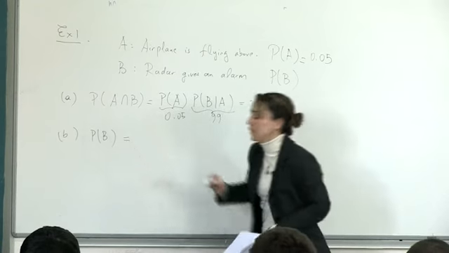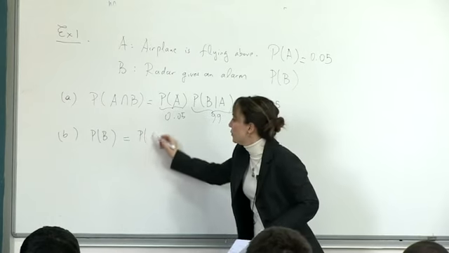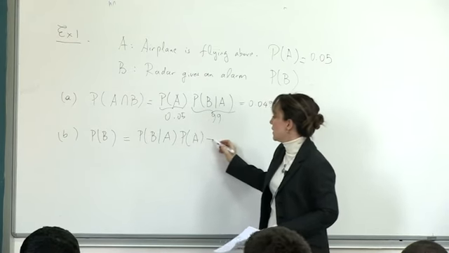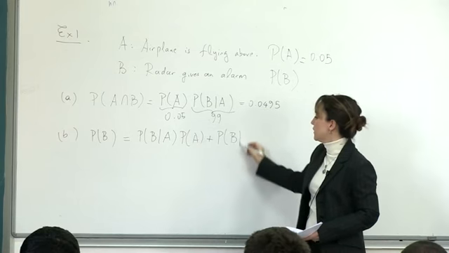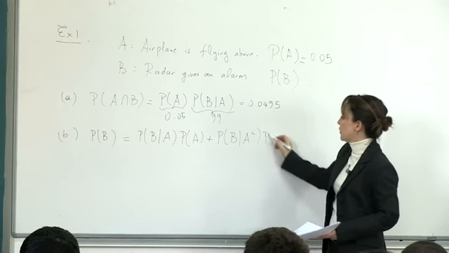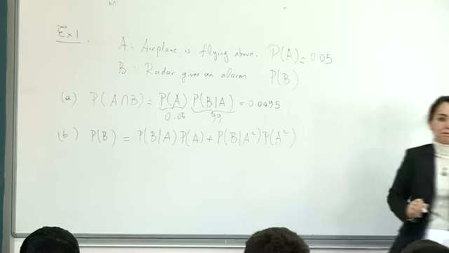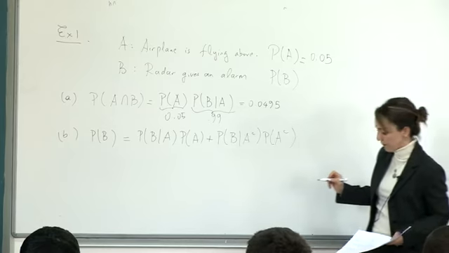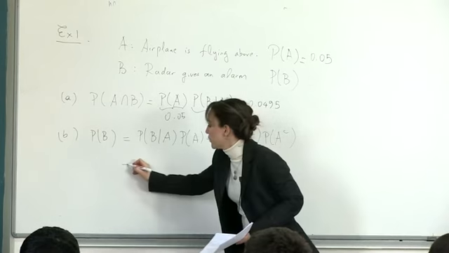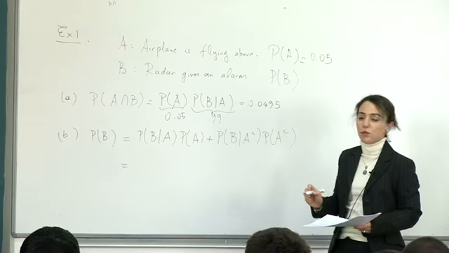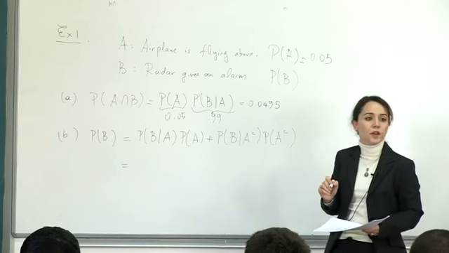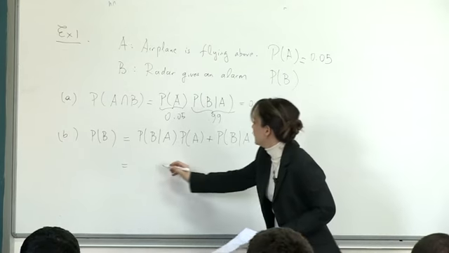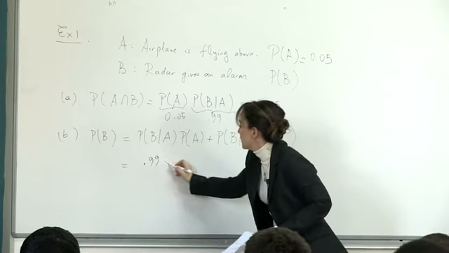The probability of B can be written as the probability of B given A times the probability of A, plus the probability of B given A complement times the probability of A complement. Do we know the probability of A? Yes. Do we know the probability of A complement? Yes, it's 1 minus 0.05, which is 0.95.